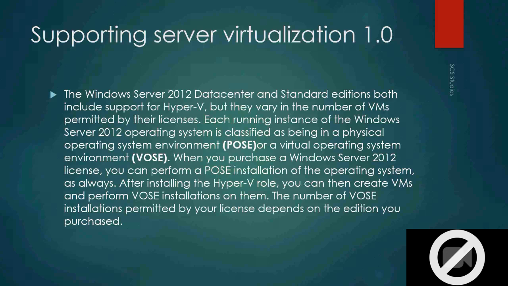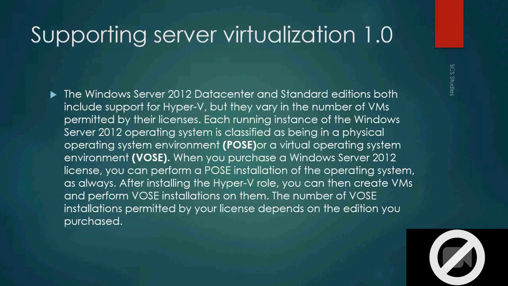Each and every physical hardware where you can install an operating system is known as a physical operating system environment. And if you install virtualization, that means you configured Windows 2012 Hyper-V.